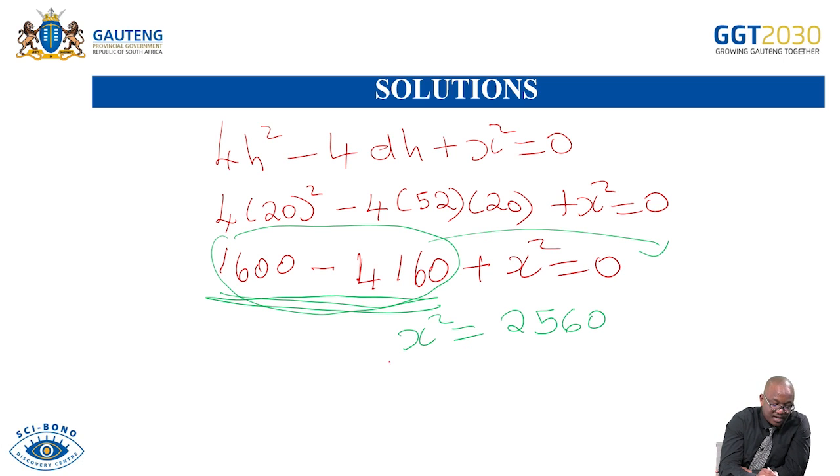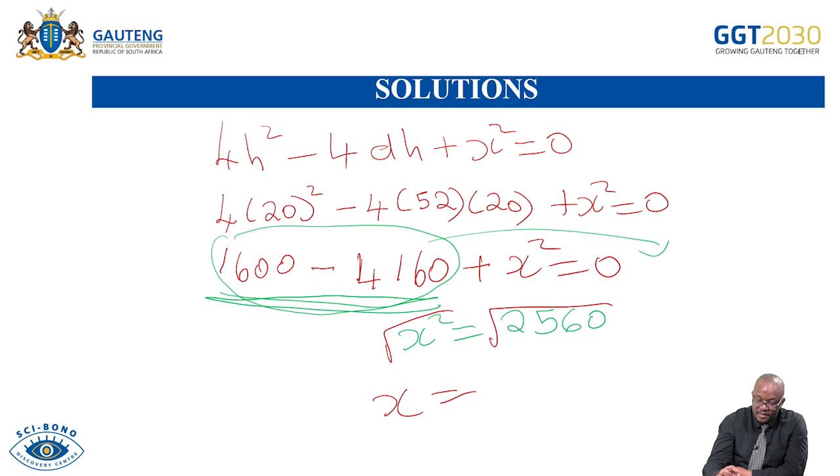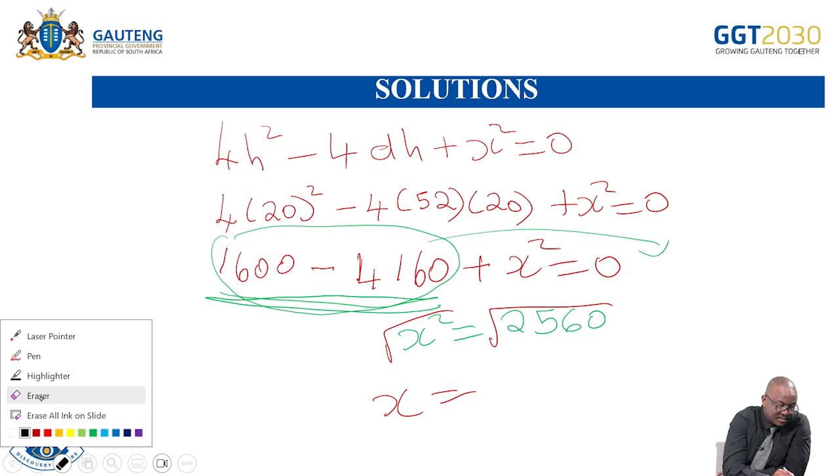Then what will happen there? You will introduce the square root to get your x. So if you introduce the square root, then your x will be the square root of 2,560, which is going to give you 10. Let's write it nicely there.